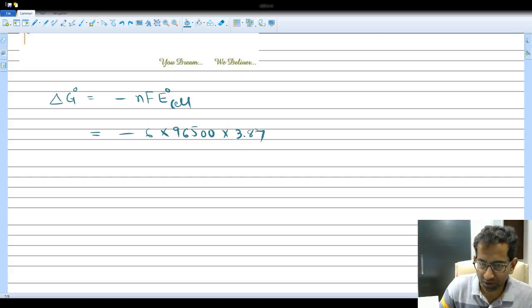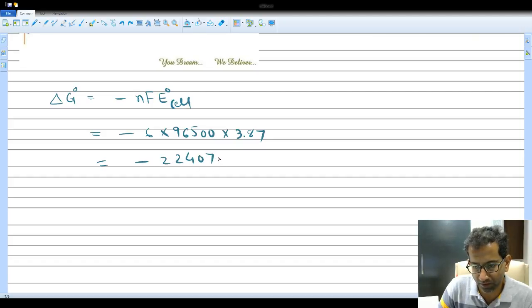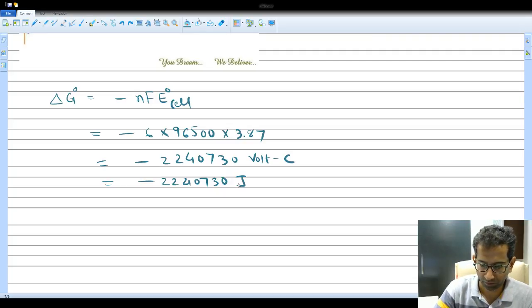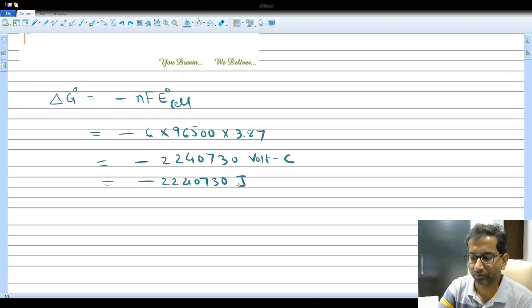And the value comes very large. That is minus 2240730 volt coulomb, that is minus 2240730 joule. Okay.